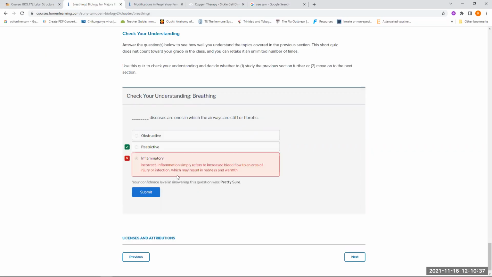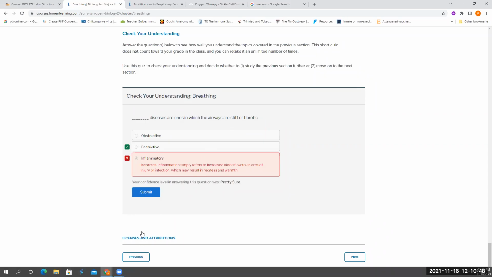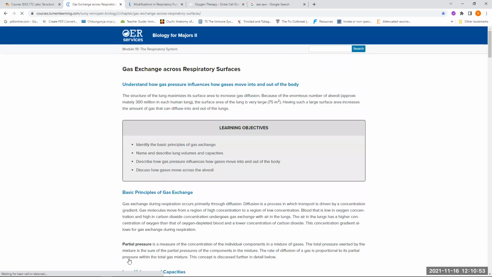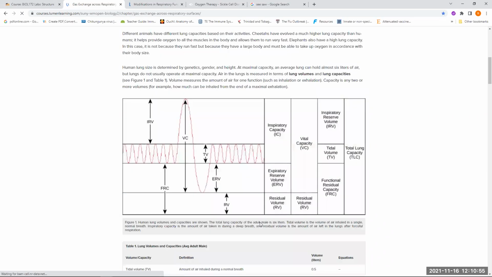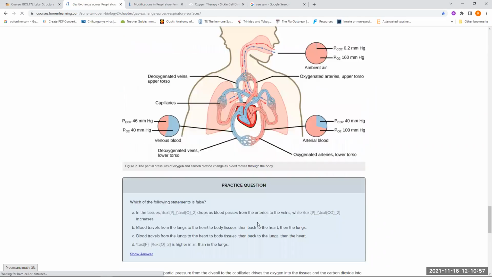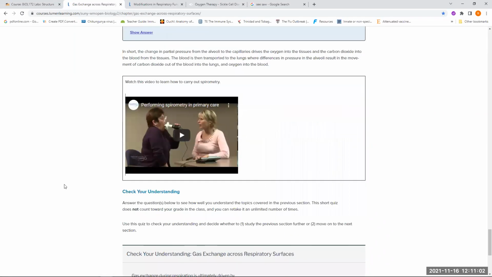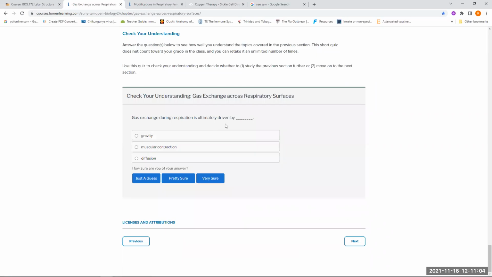The inflammatory increases blood flow to the area, which may result in redness and warmth, but the ones in which the airways are always stiff are restrictive ones, like cystic fibrosis, for instance. But after this question, I don't like the answer personally. Okay, let's come back to that.